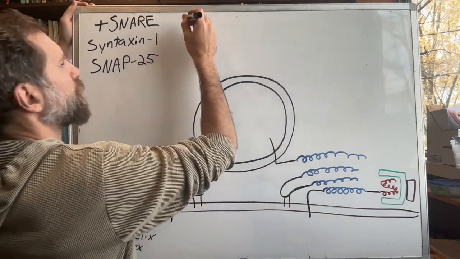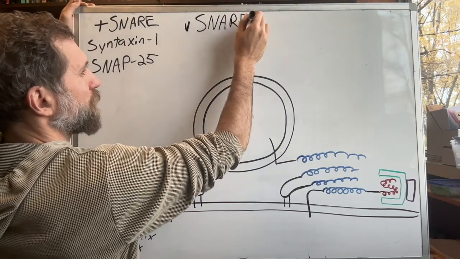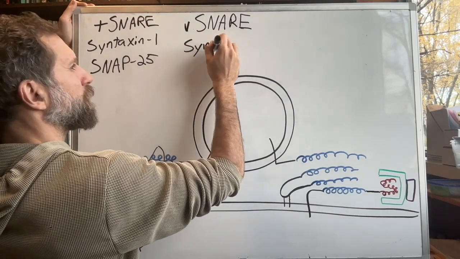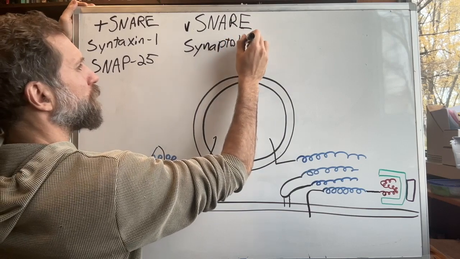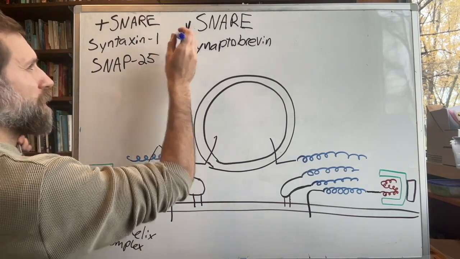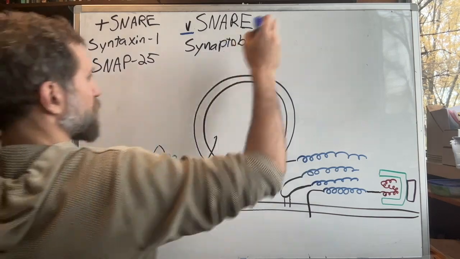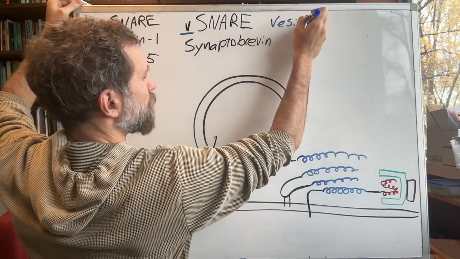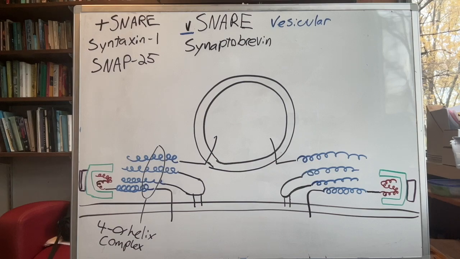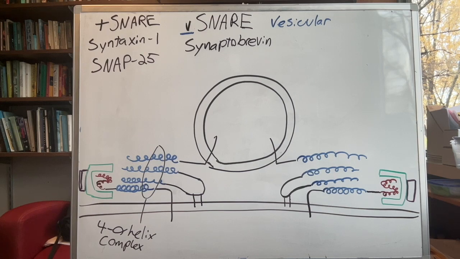And this one is what we call a V SNARE, so another subclass of SNAREs. And this one, as I mentioned before, is synaptobrevin. And any idea what the V stands for? All right, vesicle or vesicular. So we have our target SNAREs and our vesicular SNAREs.